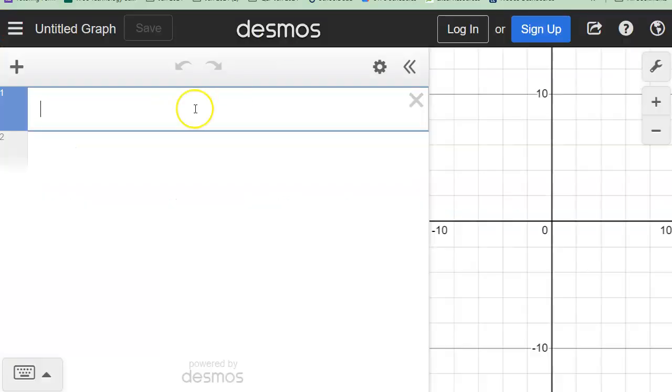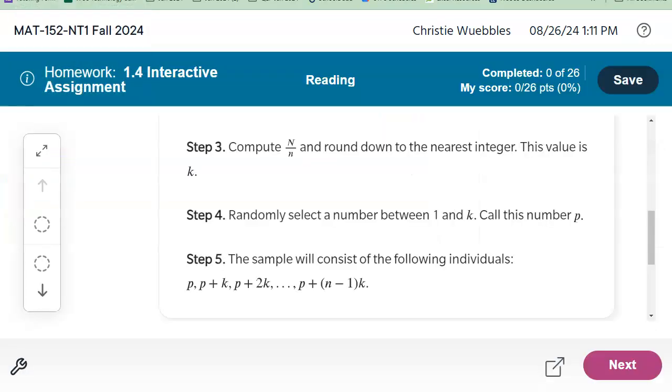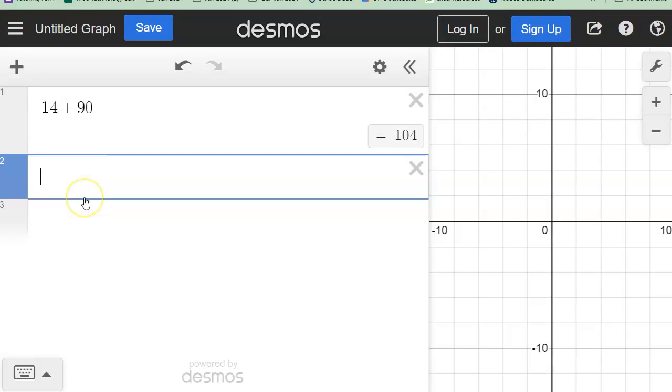Now I have brought up this calculator here just to show and verify that when we add those together, yes, we get 104. If I go back, I know I'm switching a lot of screens here, the next person that we select will be twice as far away, 2 times 90 in this case. I'm going to show that a couple of ways.